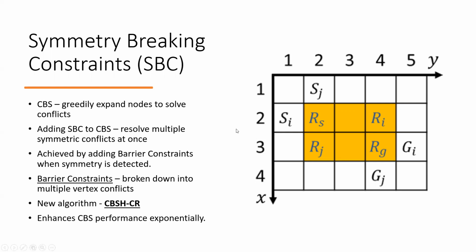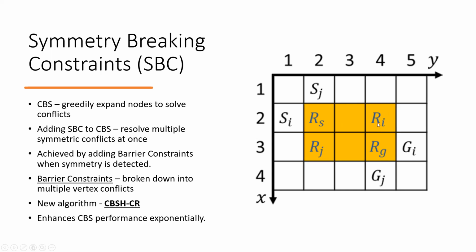For example, in the image on the right, SI and GI are the start and goal for agent I, and SJ and GJ are the start and goal positions for agent J. In this situation, whenever the low-level CBS finds an optimal path for both agents, there is always a conflict within this yellow highlighted rectangle.